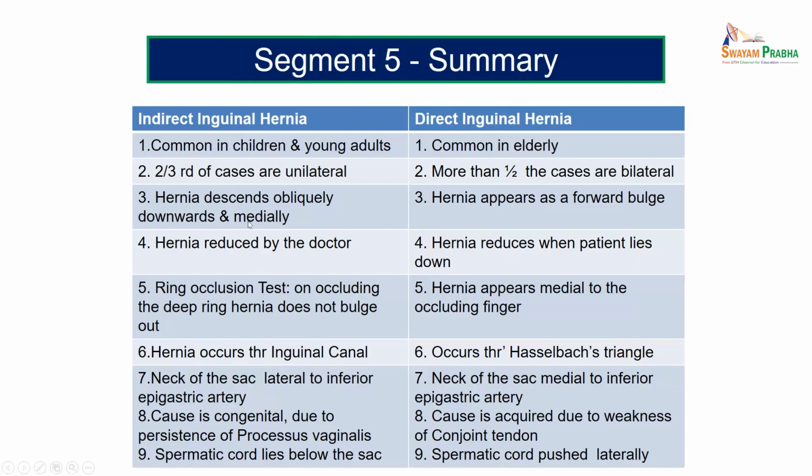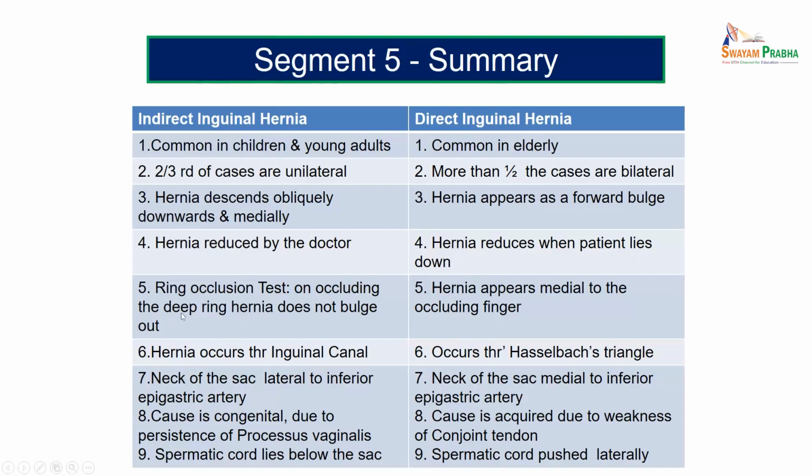Indirect inguinal hernia descends obliquely downwards and medially because it occurs through the inguinal canal. But direct inguinal hernia appears as a forward bulge. It usually occurs through Hesselbach's triangle. In the ring occlusion test, if there is bulging medial to the occluded finger, it is direct inguinal hernia.